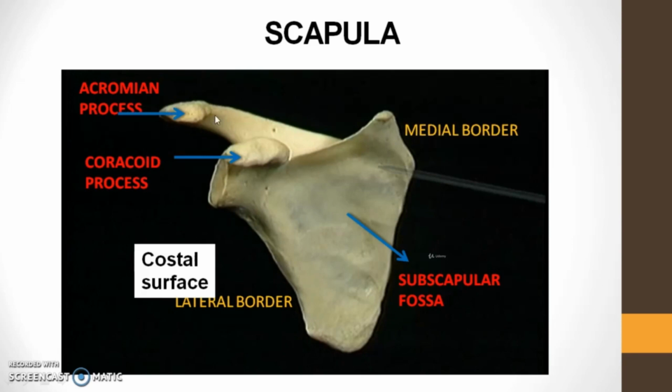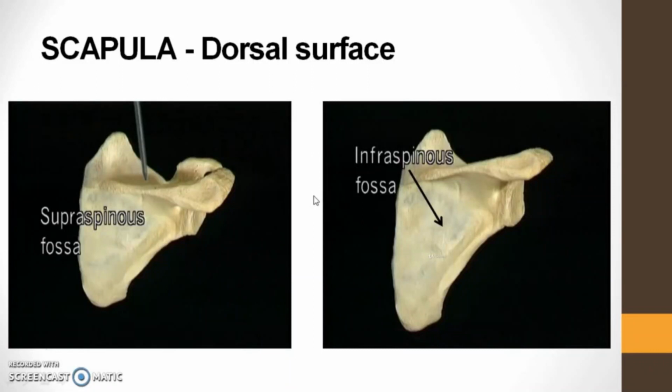Here you can also see some processes. One is the acromion process here, and this whole thing is the spinous process, which continues as the acromion process. Below that you have another process, which we call the coracoid process because of its crow's beak like appearance. So this is the coracoid, this is the acromion, which is a continuation of the spinous process, and this is the costal surface. What you are seeing here is the dorsal surface, that is, the posterior surface.